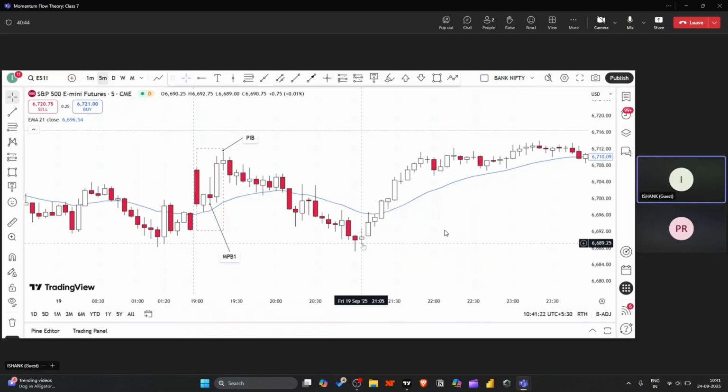Why do you say it started from there? Because it is starting from here. Same way, here also it is starting from there, no? Is this all breakout or not? This is a breakout, that is a spike. Our definition of a spike is only that, no? There are multiple pauses in between.